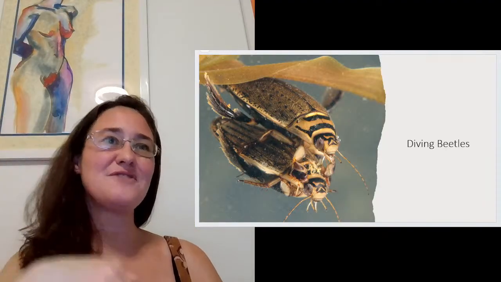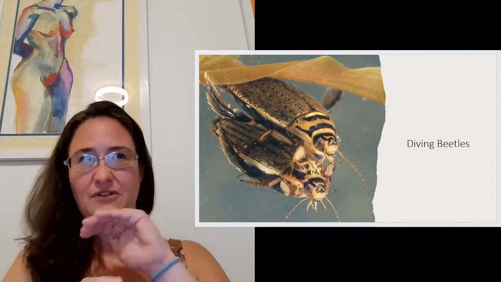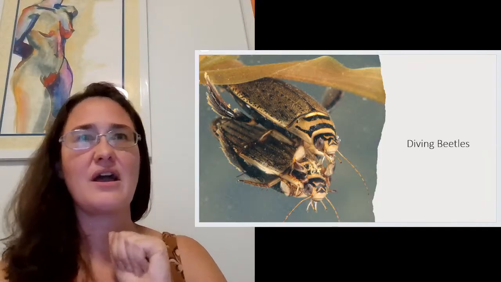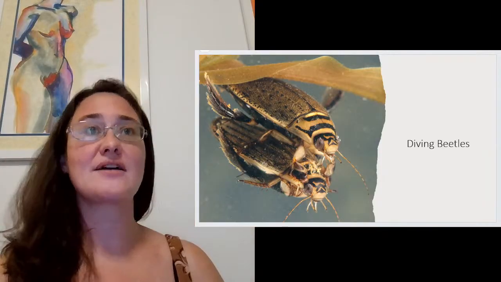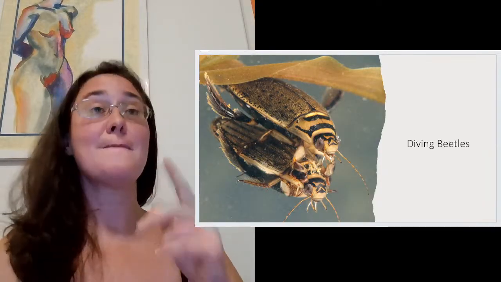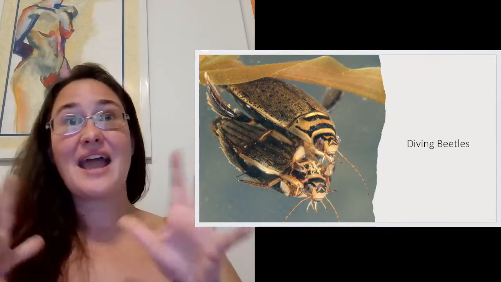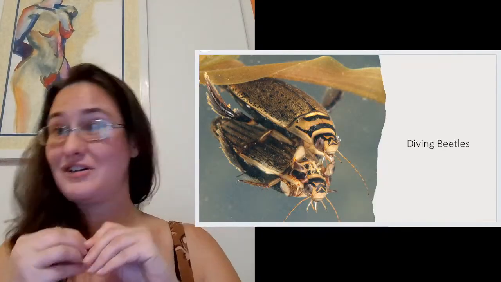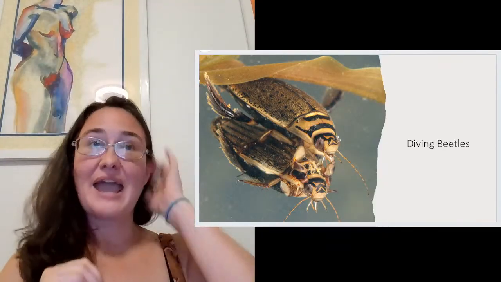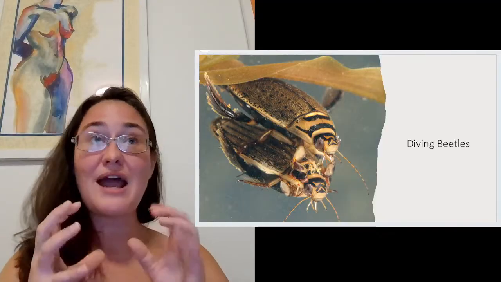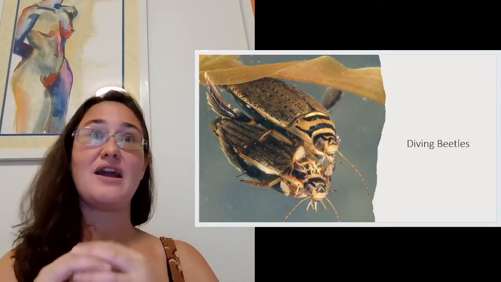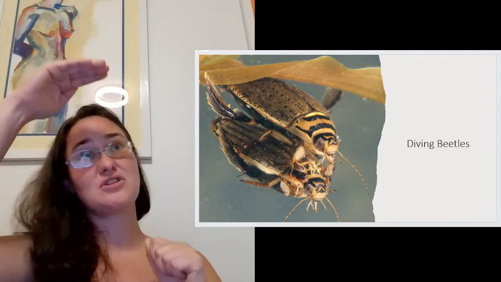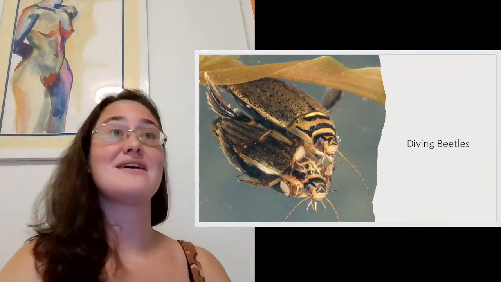Then when they dive down into the water, their spiracles are on the top edge of the abdomen, so they can use that air bubble to breathe, but that air bubble will run out. And if they run out of air, they have to come back up to the surface and collect an air bubble and then dive again.